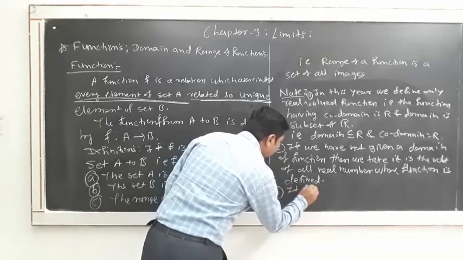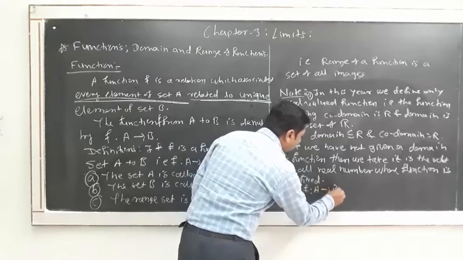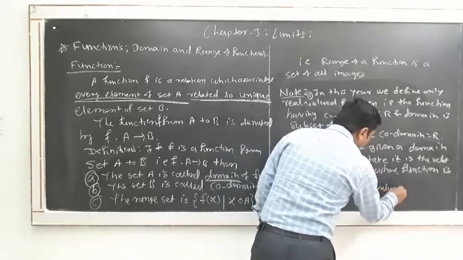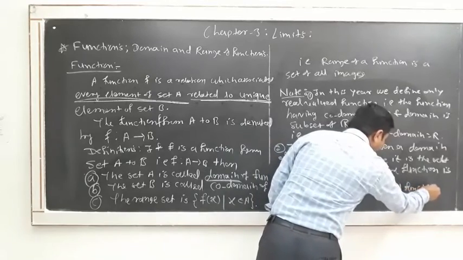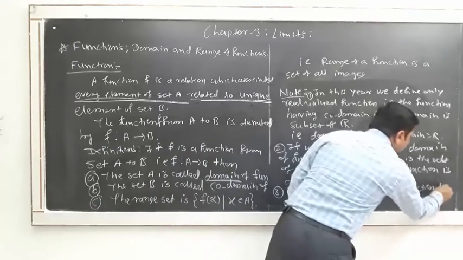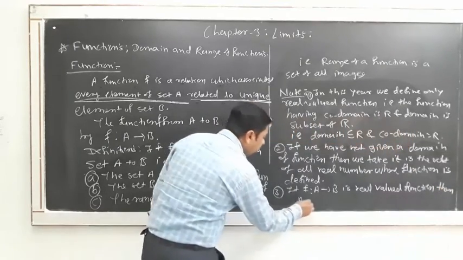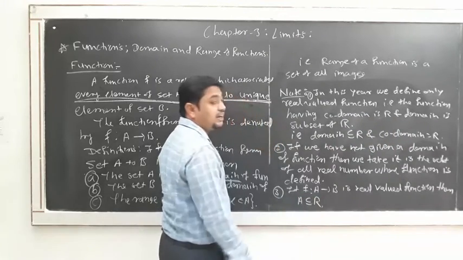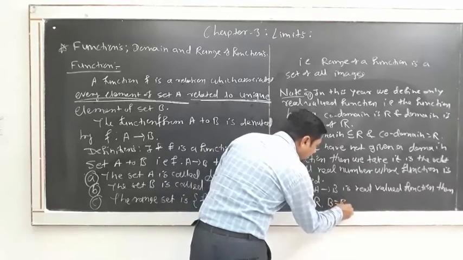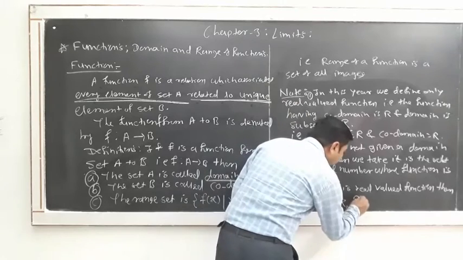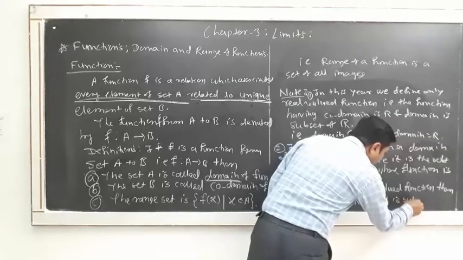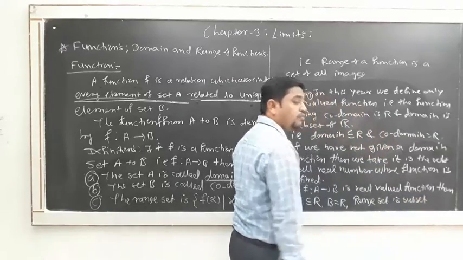If f is a function from A to B and is a real valued function, then A is a subset of R, the set of real numbers, and B is equal to R, and the range set is a subset of what?